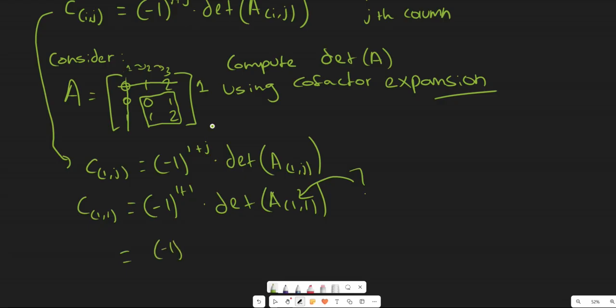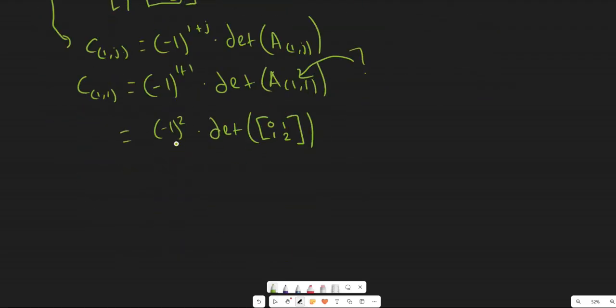This will just become negative 1 to the power of 2 times the determinant of the matrix 0, 1, 1, 2. Let's go ahead and compute that. The determinant of this is just going to be 0 times 2, which is 0, minus 1, which is just going to be negative 1.